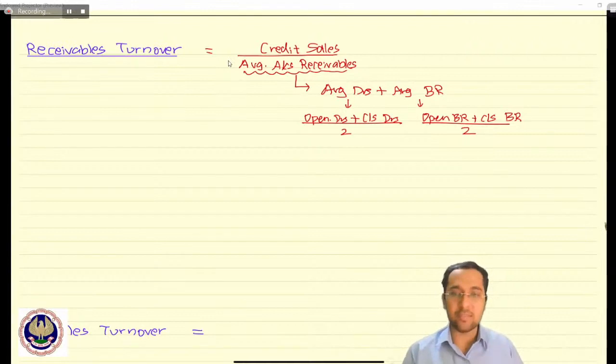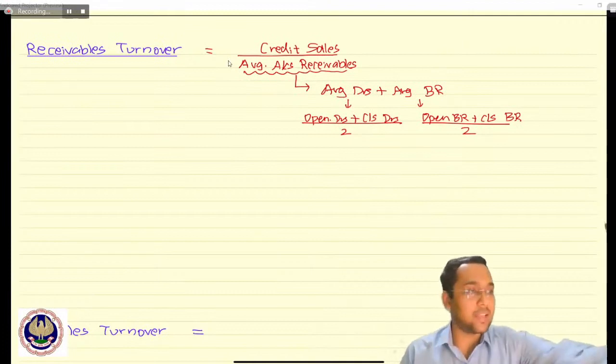Okay, so that's our receivables turnover. It simply means that for generating sales, we have to give some credit, and therefore we have debtors in our books. So it shows how many times we are able to generate credit sales for our debtors or receivables. Now again over here we have something to be learned in terms of days.